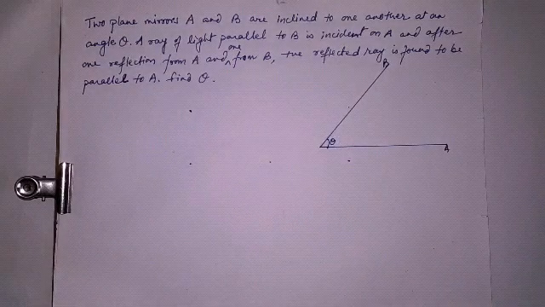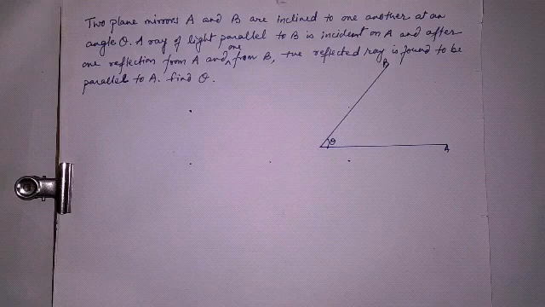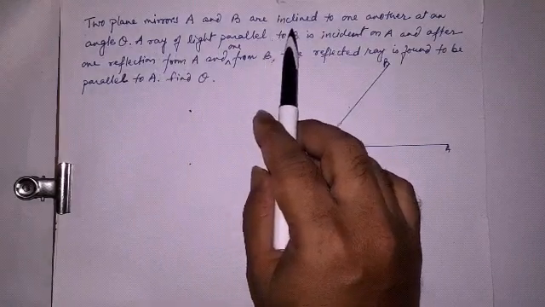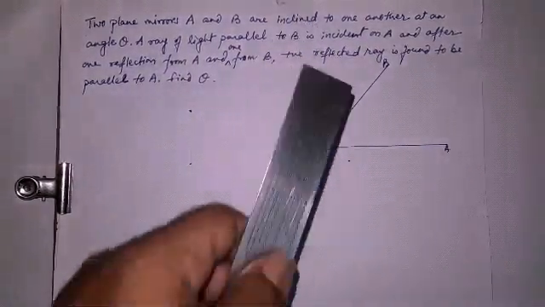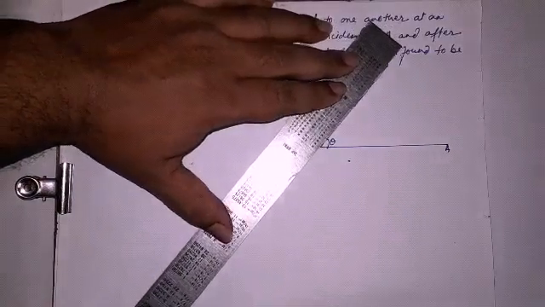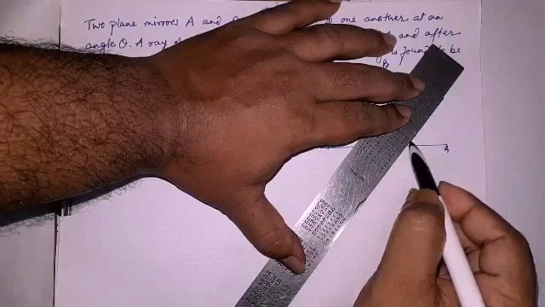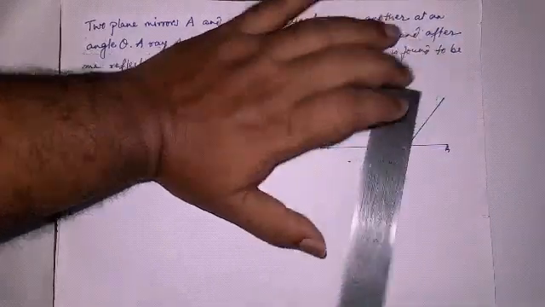Now an incident ray: a ray of light parallel to B is hitting over here.